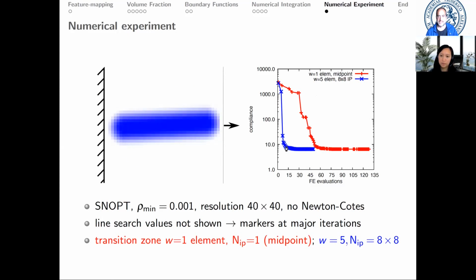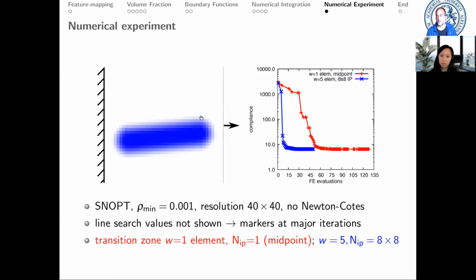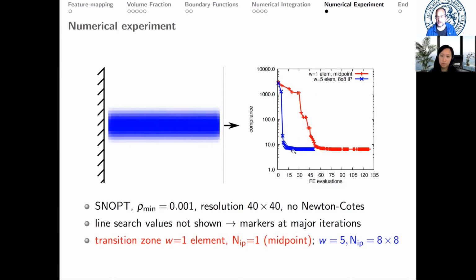And in the other case, 5 elements transition zone and 8 times 8 integration points. This is what we use as a rule of thumb. Here for the simple problem, it would work with less, but this is where we feel confident. And we see we are much better in convergence just by having a proper numerical integration.